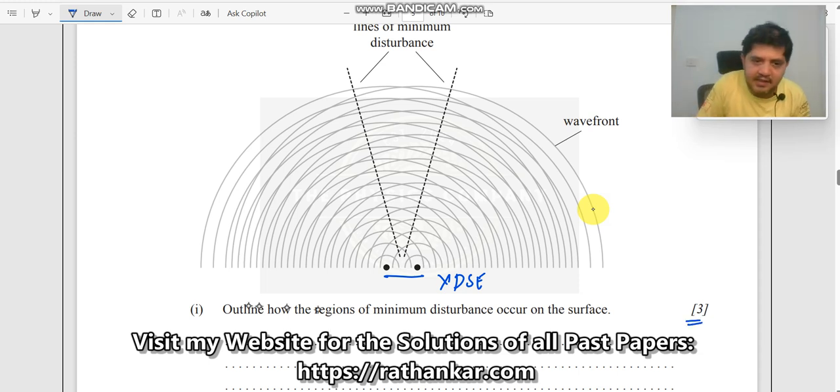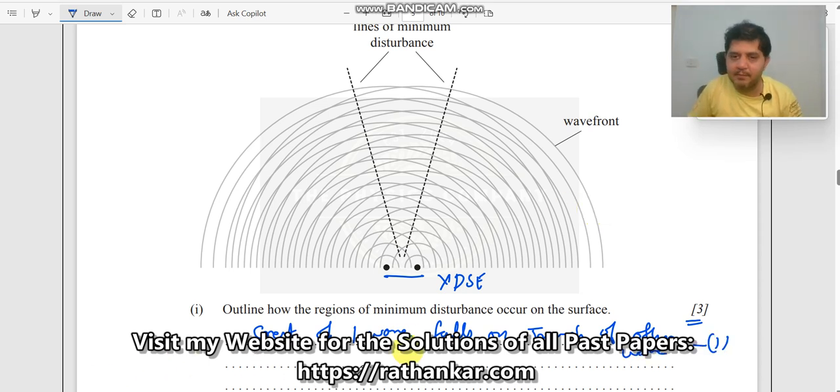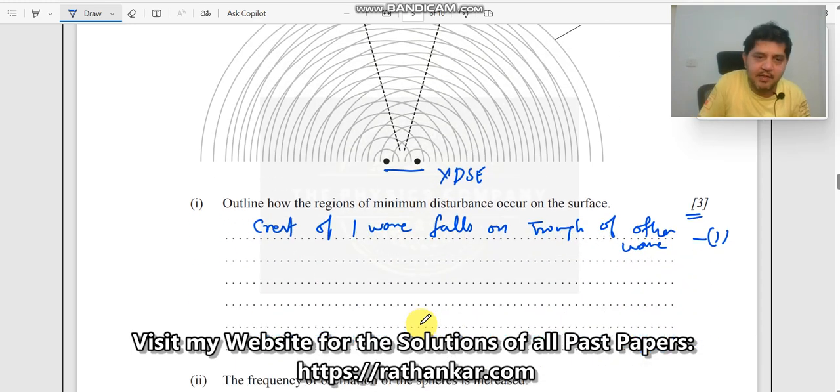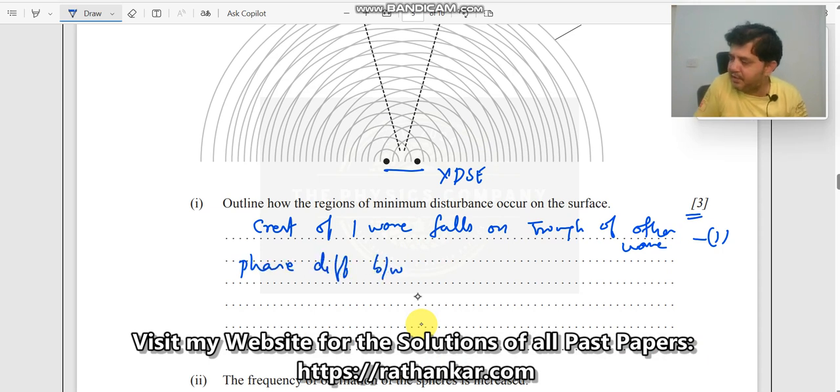You need to write something like: crest of one wave falls on trough of the other wave. This will give you 1 mark. Then you can also write that the phase difference between the two waves should be equal to 180 degrees.